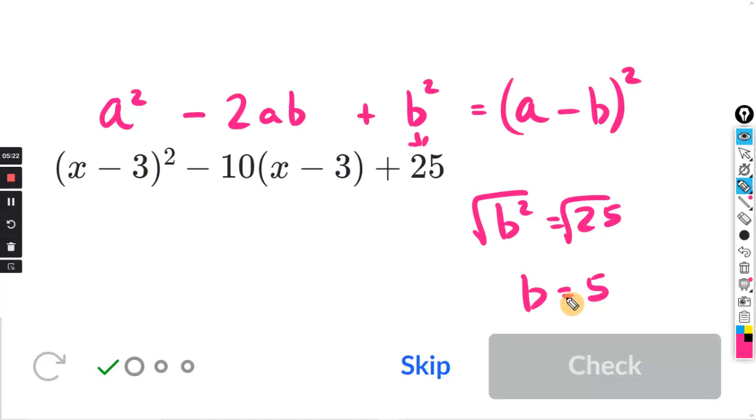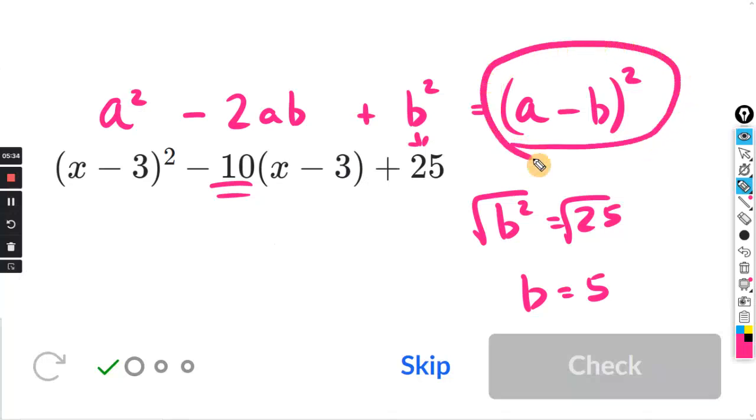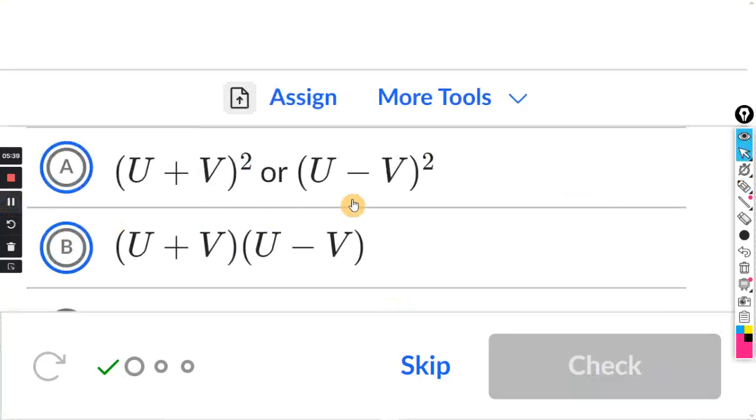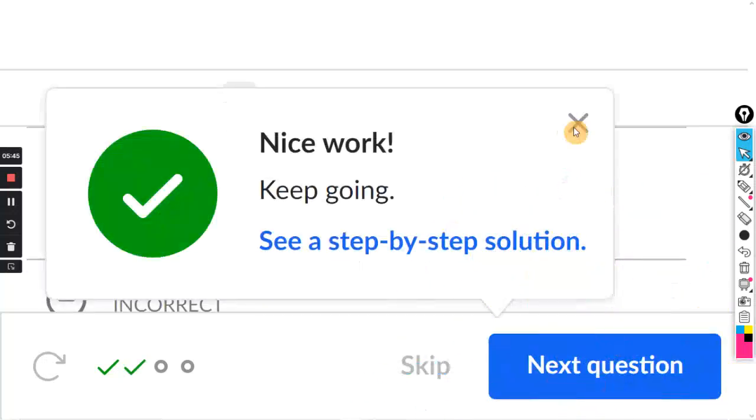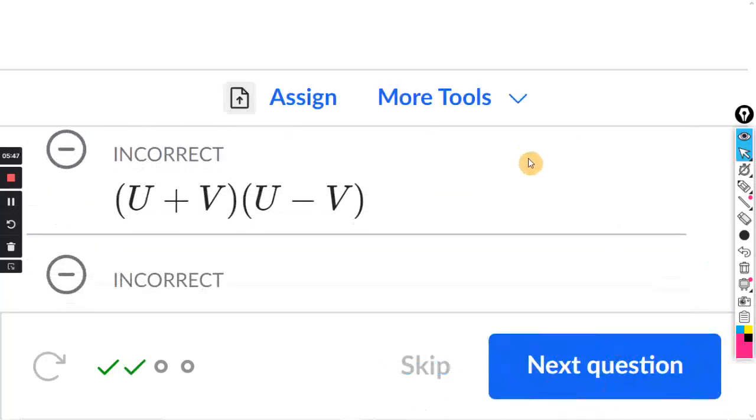So when you did your inner-outer term with b equals 5, you'd have negative 5 and negative 5, and that's negative 10. So this one clearly works, and this matches a minus b, quantity squared. All right, and that's this one right here. Same as a minus b, except they just used u minus v, quantity squared.